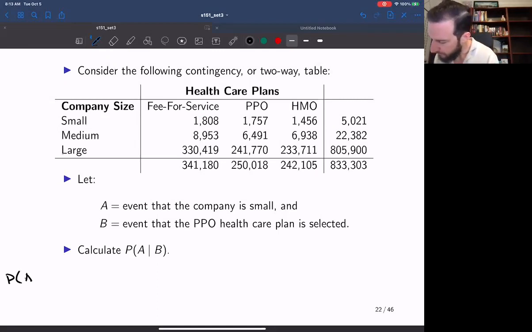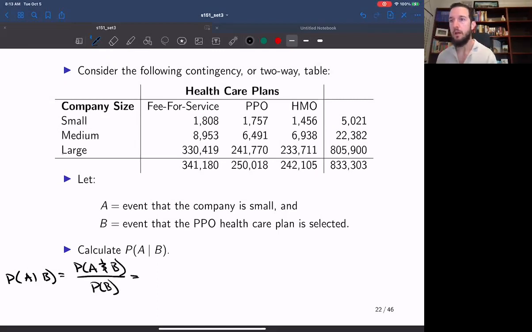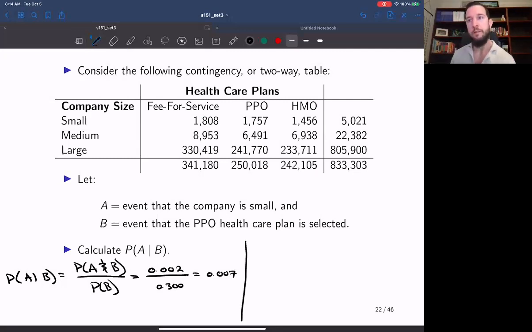So the probability of A given B is the probability of A and B over the probability of B. From our previous work, we know that this is 0.002 divided by 0.300, which is 0.007. We calculated the intersection and the marginal in the last two examples, so that's where I'm pulling these values from.